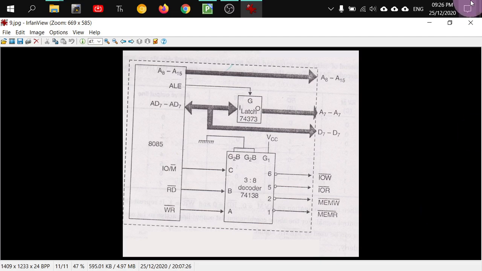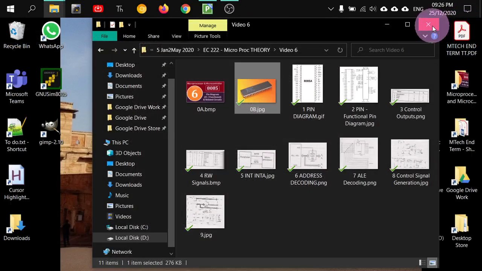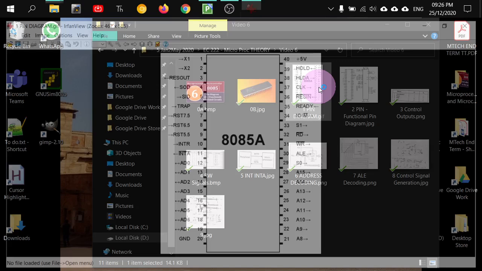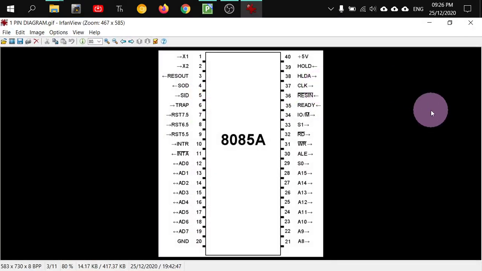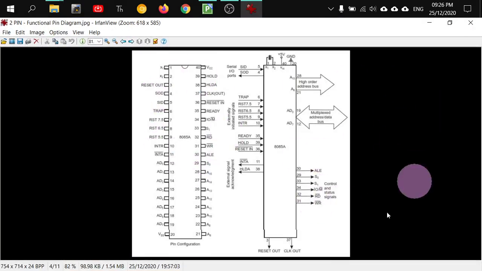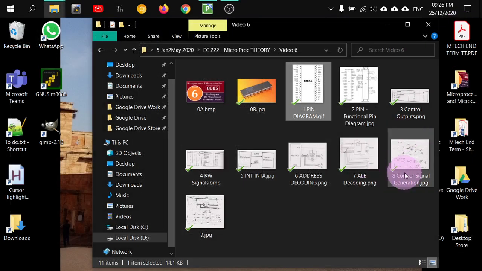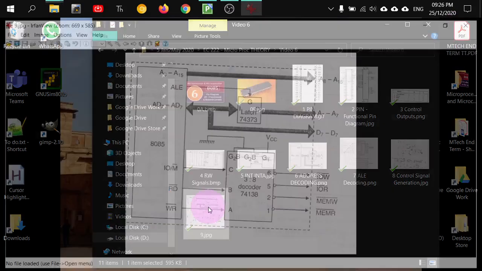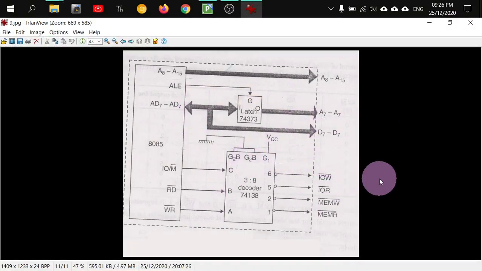So in this particular lecture, what we have done is we have just been introduced to the pin diagram of 8085A and the functional pin diagram of 8085A. And we have also seen some externally interfaced integrated circuits which will make our job easy, right?